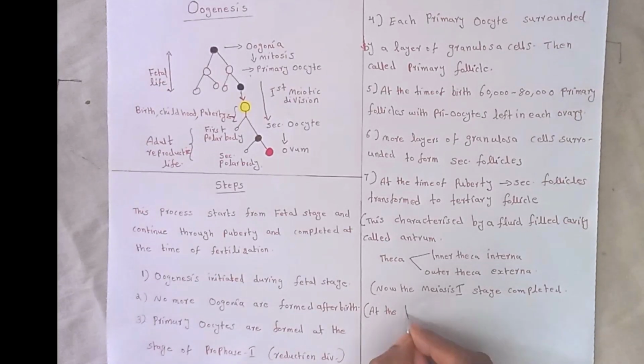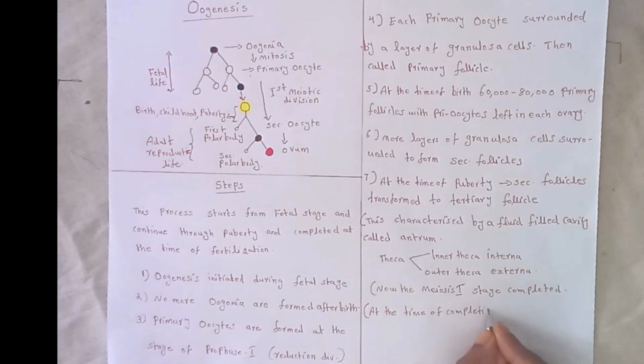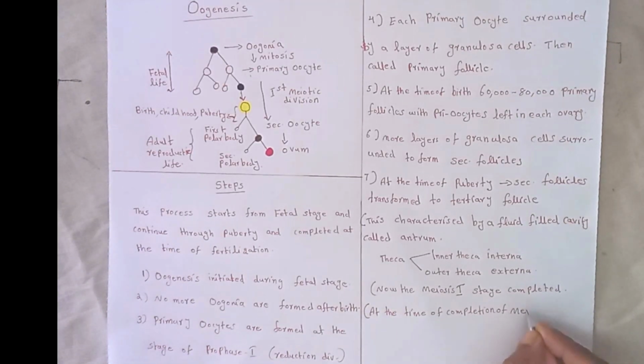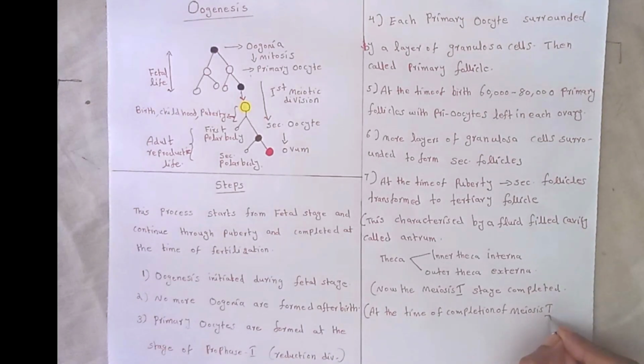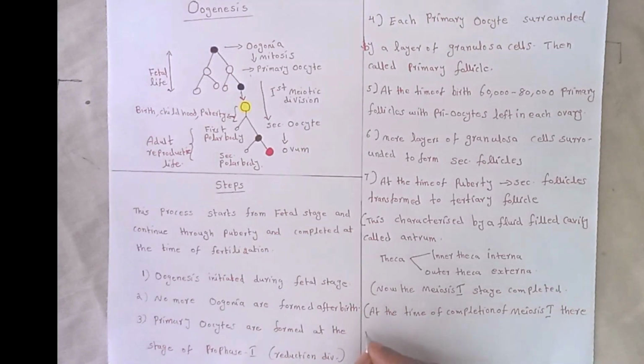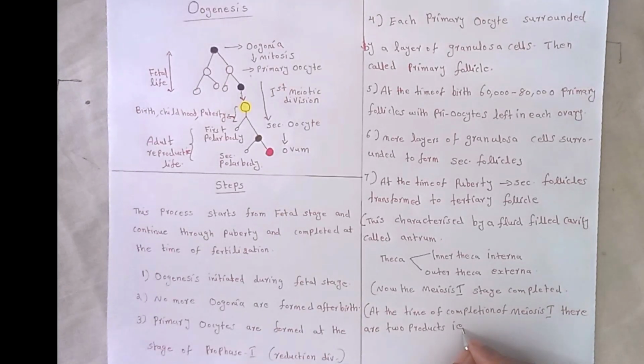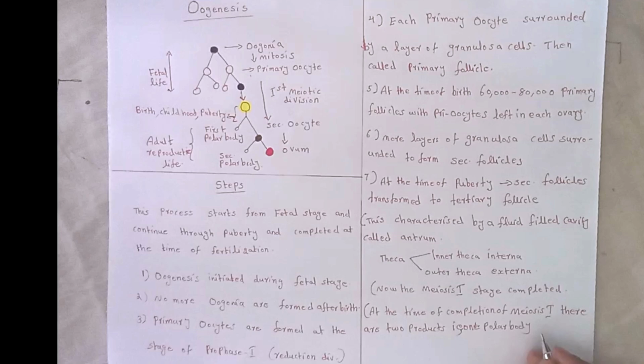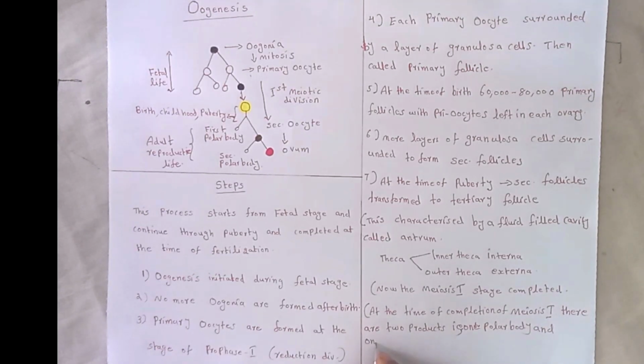At the time of completion of meiosis 1, there are two products, that is one polar body and one secondary oocyte.